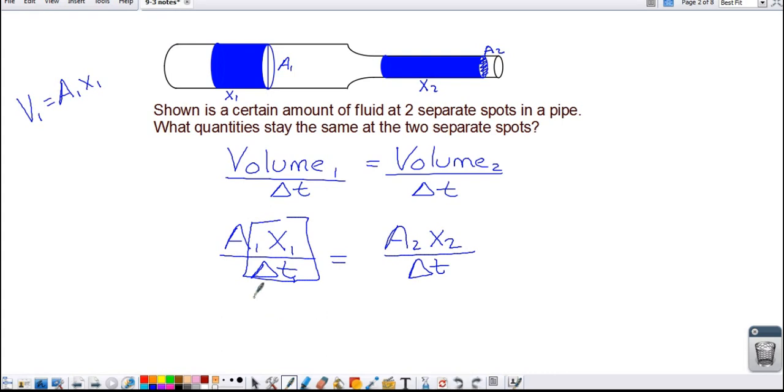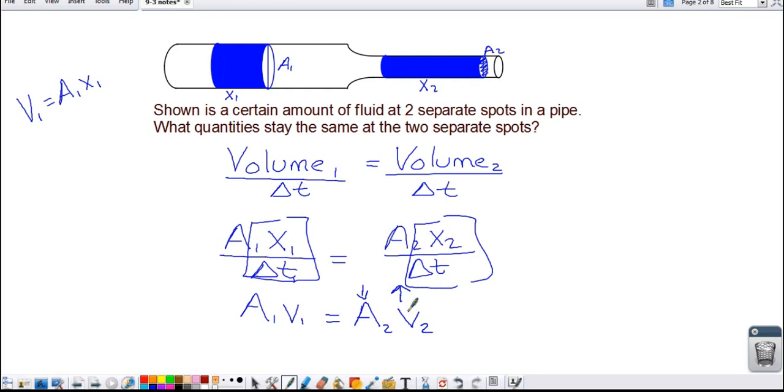So area 1 times the speed at which the fluid is moving through there is equal to cross-sectional area 2 times the speed at which the fluid is moving through that section. Notice the cross-sectional area from 1 to 2 in our picture got smaller. If these two quantities are equal, that means the speed at which the water is going through there needs to increase.